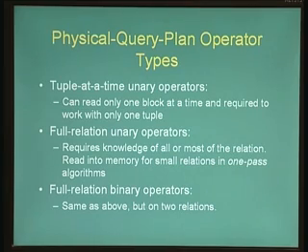For example, if I have to return the value of some relation, or if I have to compute, let us say, set theoretic operations like not of something and so on, or any kind of set theoretic operations that are unary in nature. And the last kind of operations are full relation binary operators.